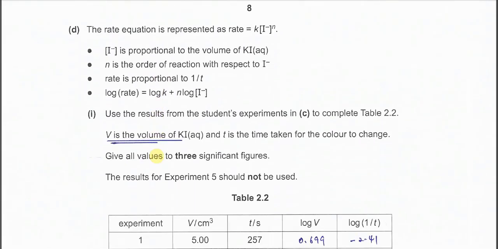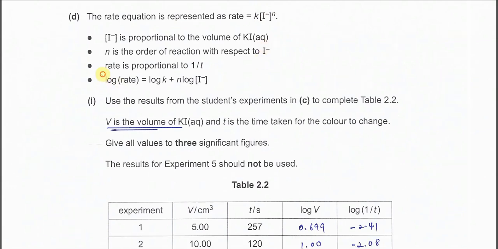Okay, part D. The rate equation is represented as this: rate equals the constant k times the concentration of iodide to the power n. So n is the order of the iodide in this reaction. And now it is given: log rate equals log k plus n times log concentration of iodide.